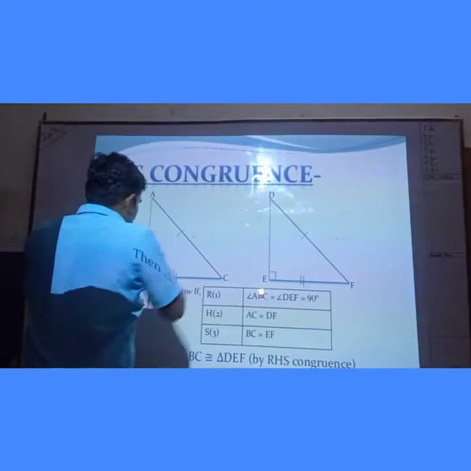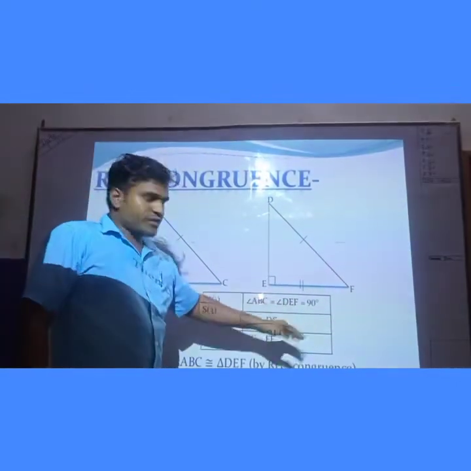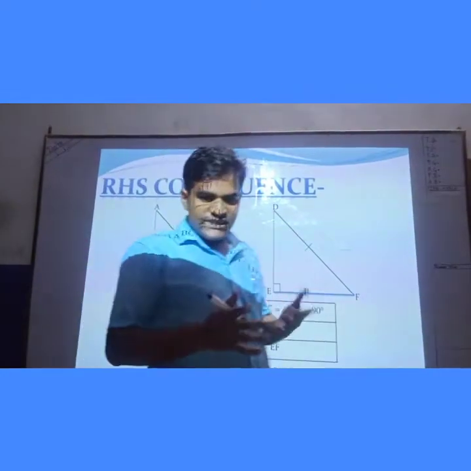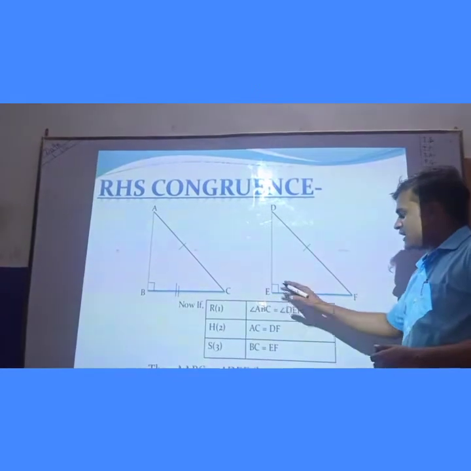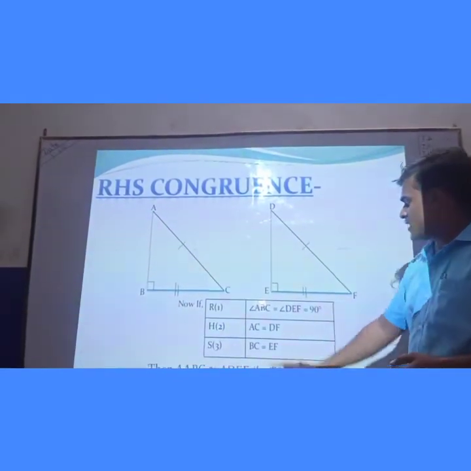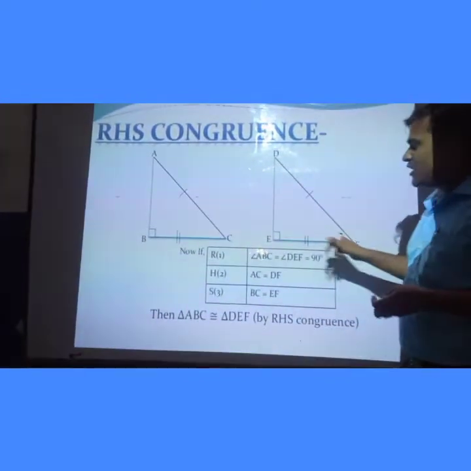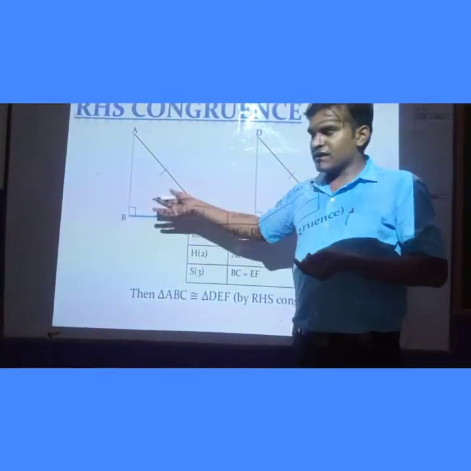Children, in the given figure ABC and DEF, angle B is equal to angle A, which is 90 degrees, that is given. That is a right angle. And the second one, children, the hypotenuse, which is AC and DF, both are equal. Hypotenuse means the side which is opposite to the right angle.